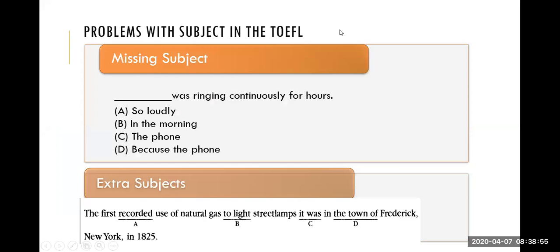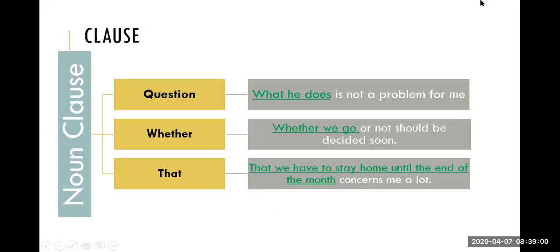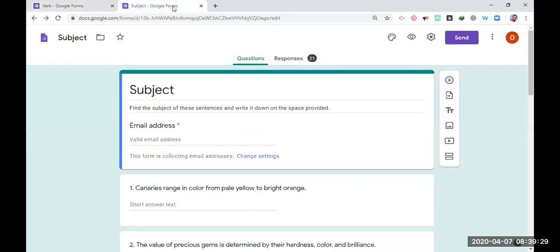Now, when I gave you the exam assignment about identifying the subject with the Google form, some of you answered variously, right?